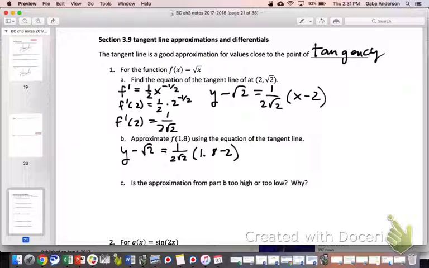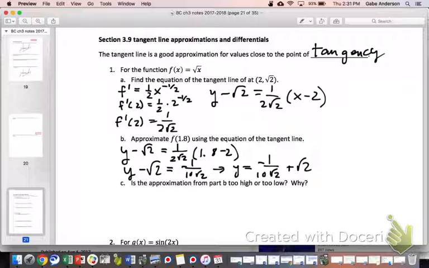So 1.8 minus 2 is negative 0.2, and this would maybe be where it gets a little ugly without a calculator. 0.2 is 2/10, so this would be negative 2/10 times 1 over 2 root 2, so negative 1 over 10 root 2. Then you'd add, so you'd get y equals negative 1 over 10 root 2 plus root 2. I hope I did my arithmetic right there. What'd you get for a decimal? 1.3435. So I'll go with 1.344.